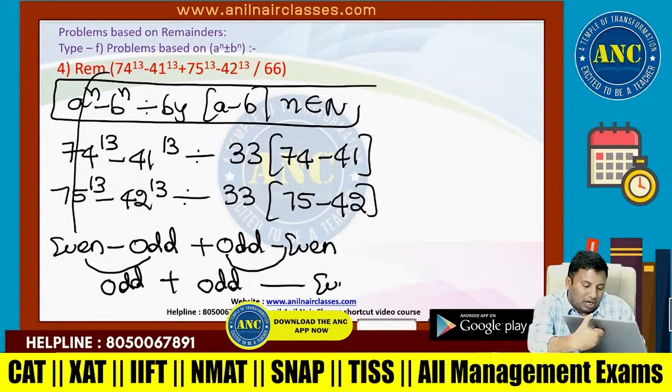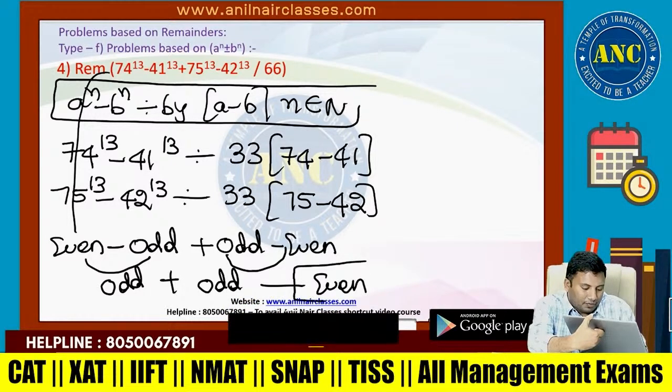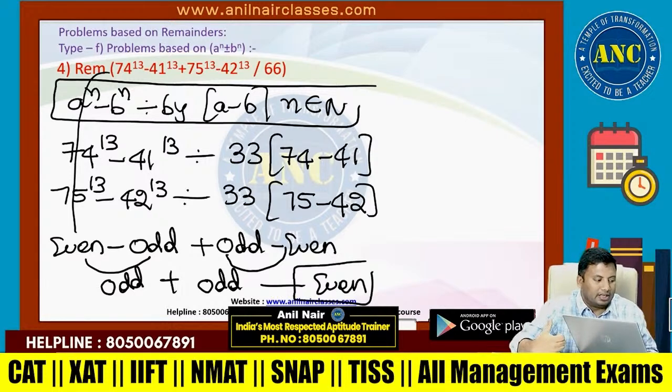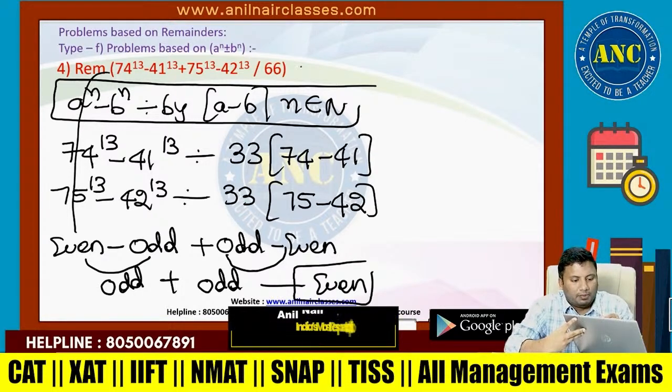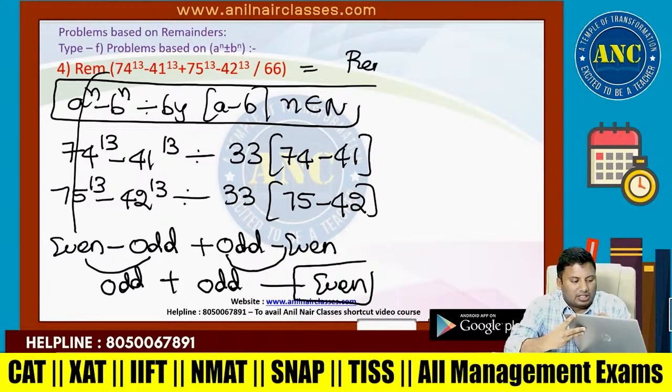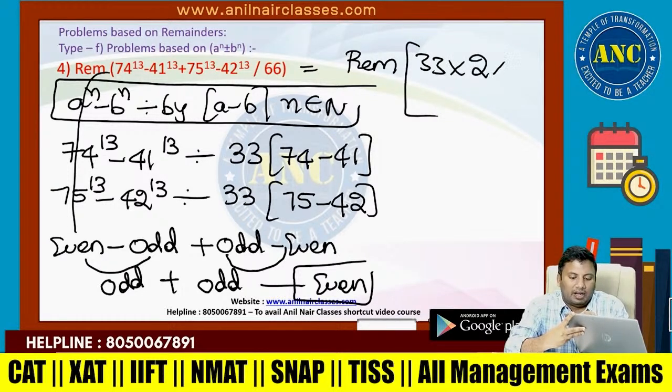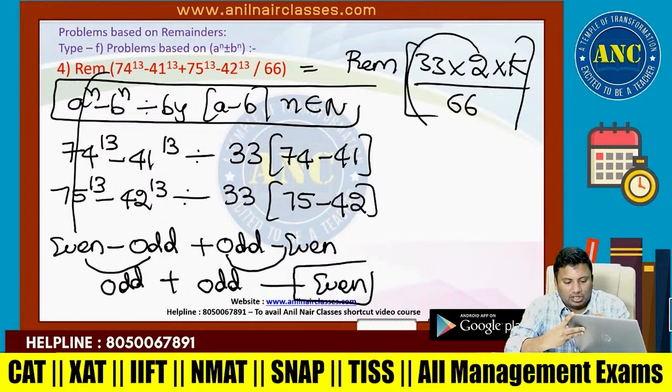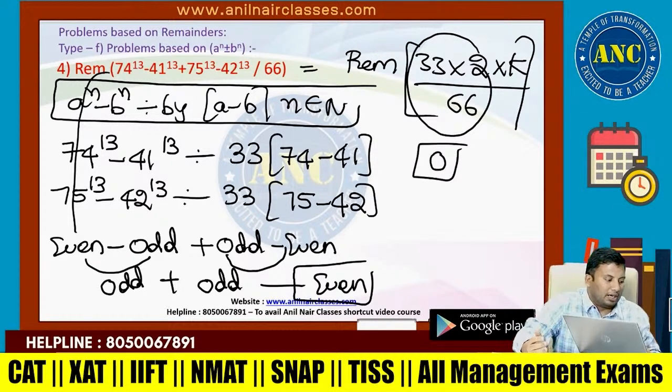Odd plus odd is an even number. That means the numerator is divisible by 33 and an even number into something, divided by 66. 66 divided by 66, remainder is 0.